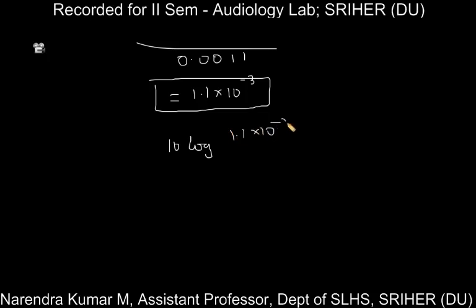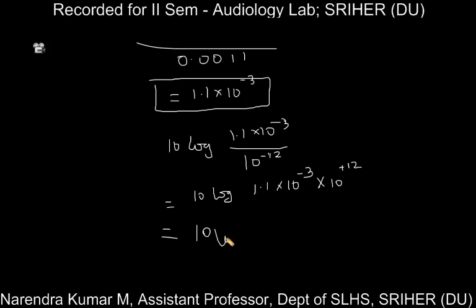So here 10 log of 1.1 into 10 to the power minus 3 divided by 10 to the power minus 12, which will be equal to 10 log of 1.1 into 10 to the power minus 3 into 10 to the power plus 12, which will make the equation 10 log of 1.1 into 10 to the power 9.